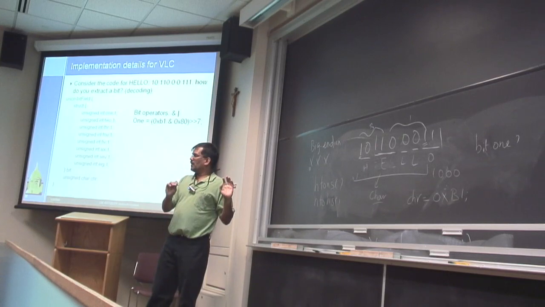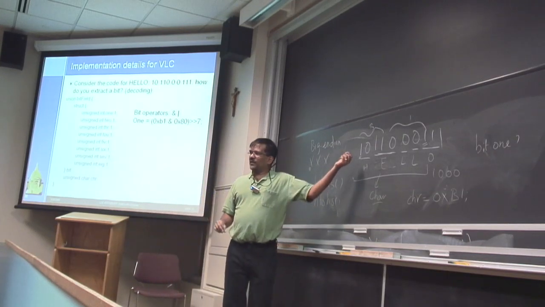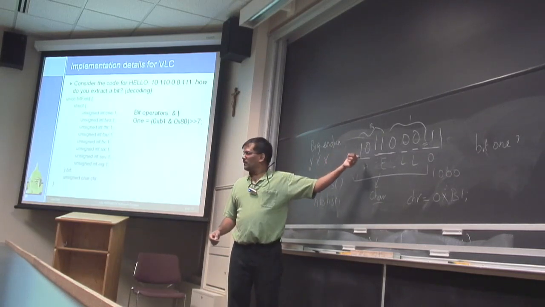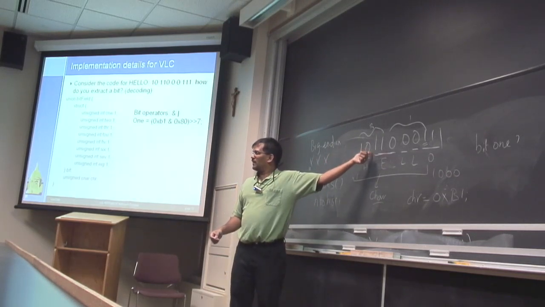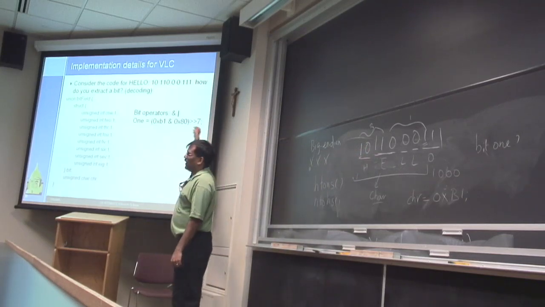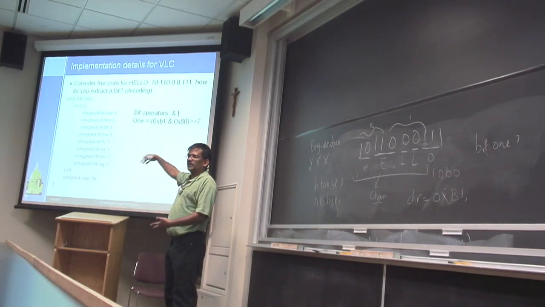So assume that somehow you wrote this code which will give you the next bit. How would you work? You have to find out the first bit, then the second bit. If you do it naively, you're going to have to do lots of bit operations, whether you choose to or not, whether you do it or the compiler does it for you.